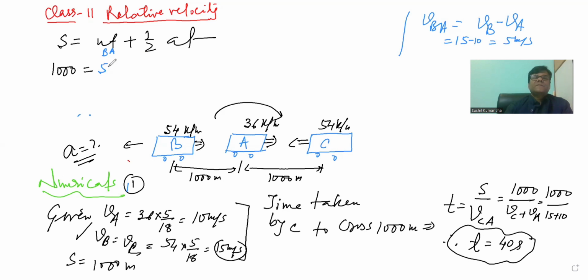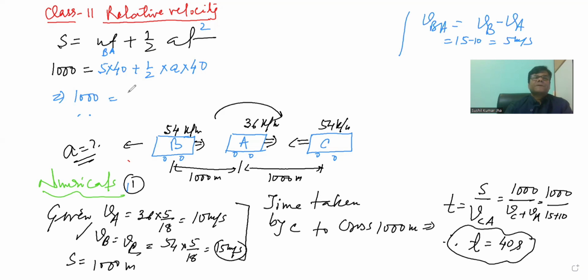So this is 5, and time we have taken is 40, plus half A we have to find, and T is given, which is 40. If we solve, what do we get?